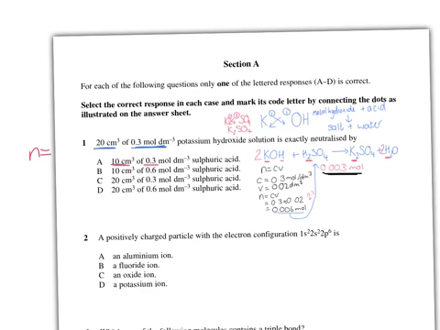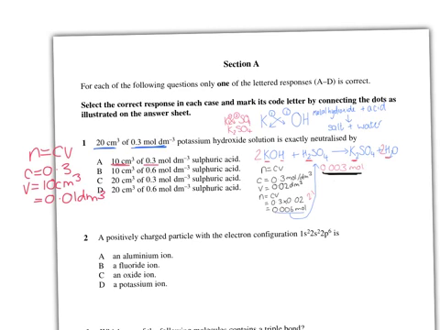So we use our equation n equals CV. Our concentration is 0.3 moles per decimetre cubed, and our volume is 10 centimetres cubed, but we need to divide that by 1,000, and that equals 0.01 decimetre cubed.